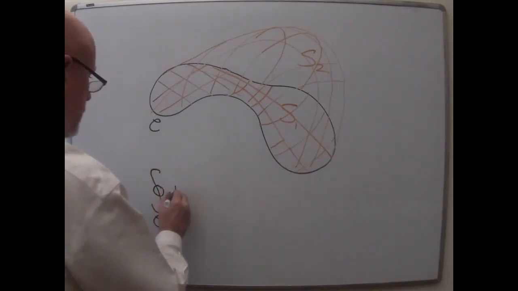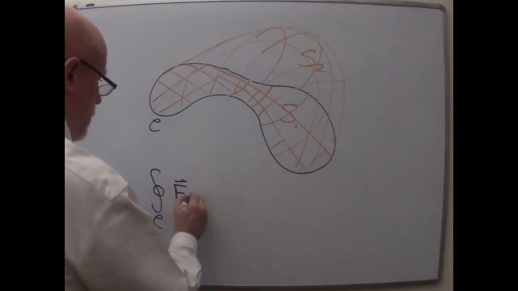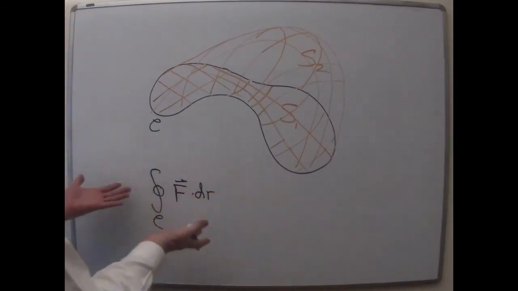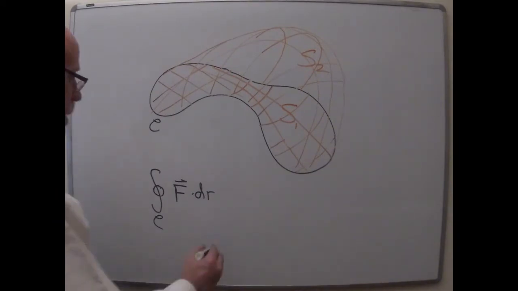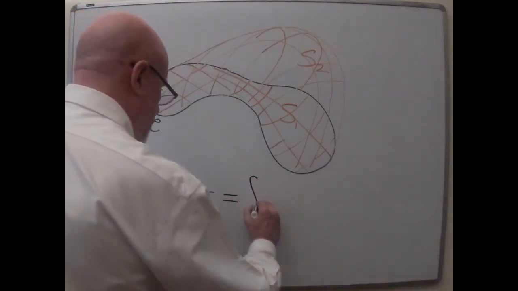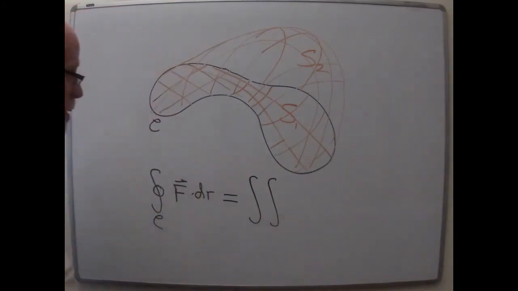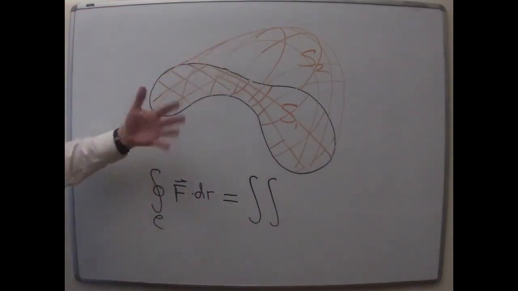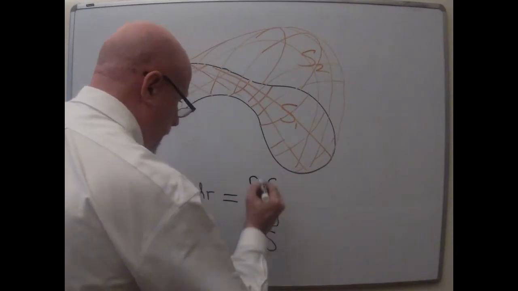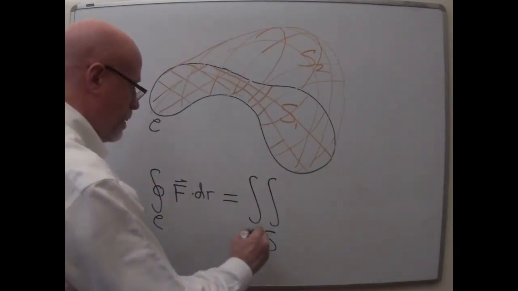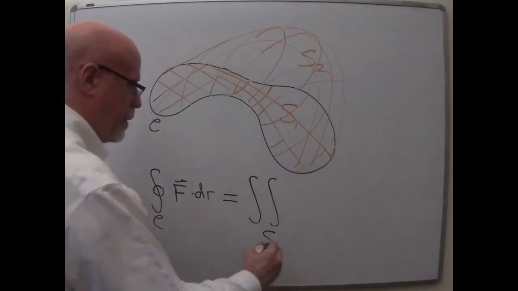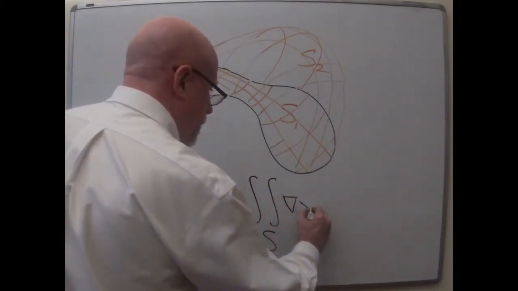You'll have the vector field dotted with dr. In fact, this is exactly the left side of Green's theorem, except this curve now is three-dimensional, so there's more freedom of motion along the boundary curve. What this is equal to, by Stokes' theorem, is a double integral over the surface, let's just say S, of the curl of the vector field, so that's del cross F.